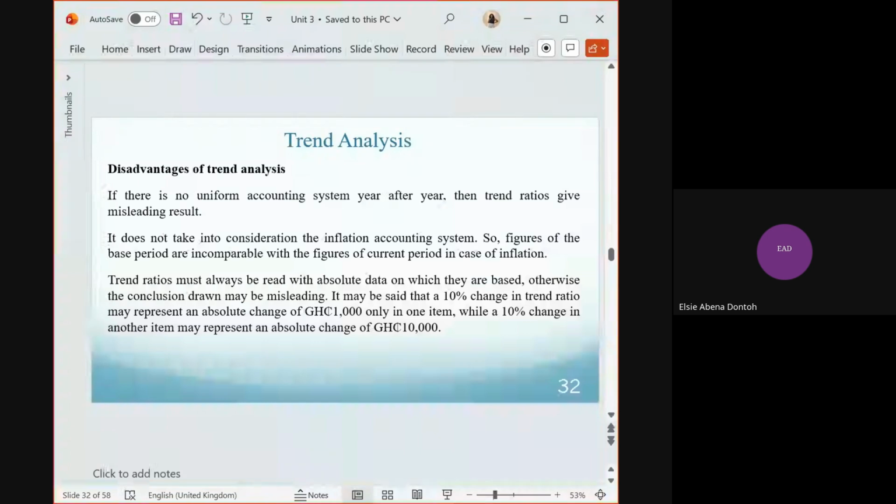The other reps did not reach out, Eric. It was only Tamale and Wa Center that reached out. Okay. Please, can we have your contact so that maybe after the class we link up? My contact is on your page. Okay, madam. Thank you.